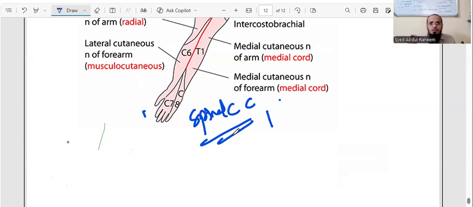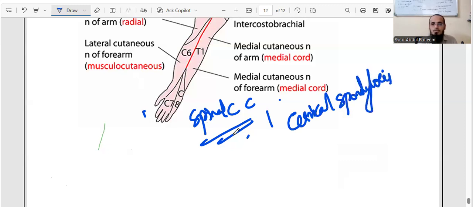But here, in simple treatment, the two most common topics that will come in spinal or cervical cord compression are cervical spondylosis or cervical disc prolapse.